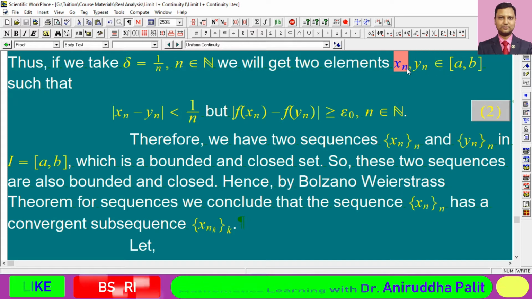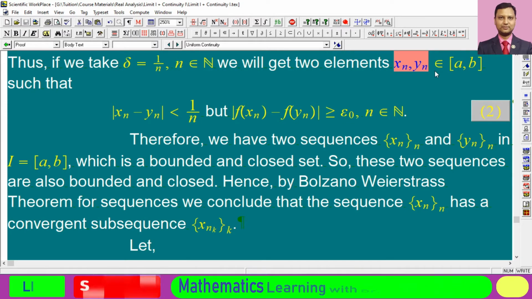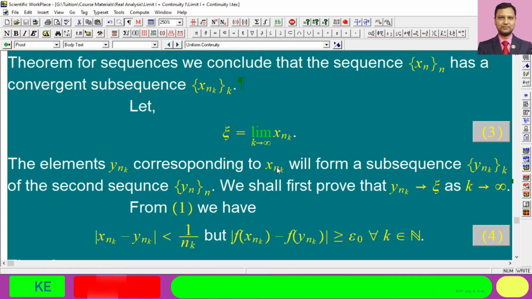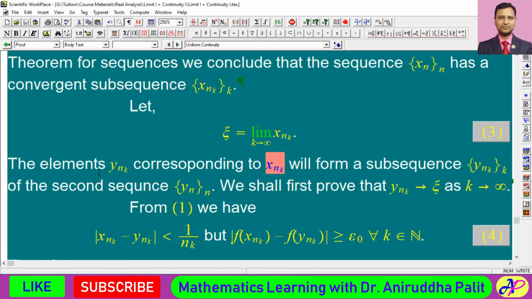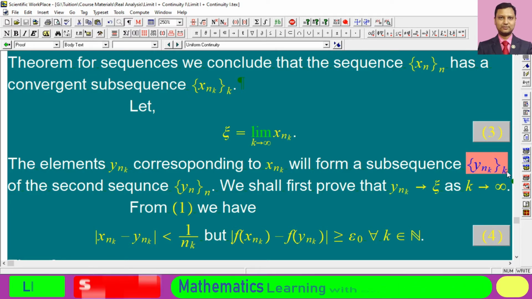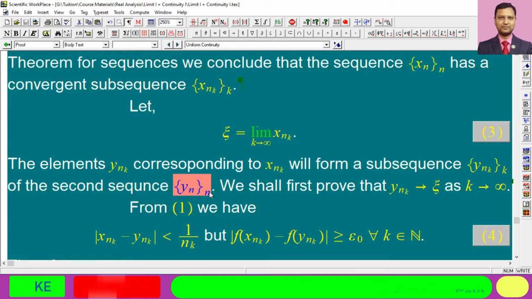That means for each xnk there exists ynk. So these are pairwise elements, and that's why we can say that corresponding to each xnk there exists an element ynk, which would ultimately constitute a subsequence ynk of the second sequence yn.